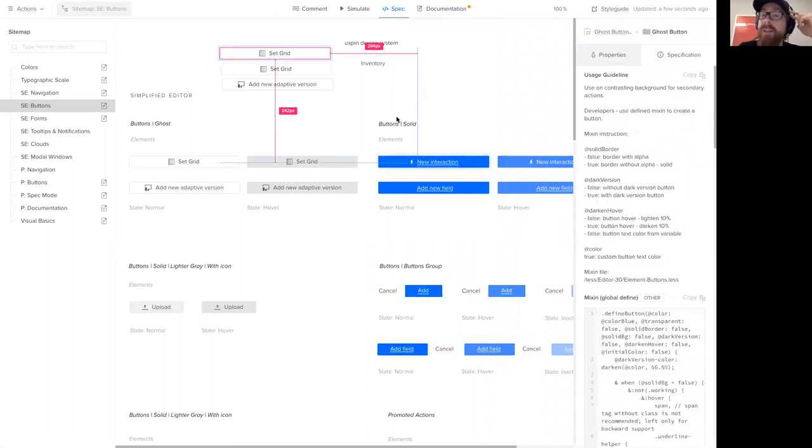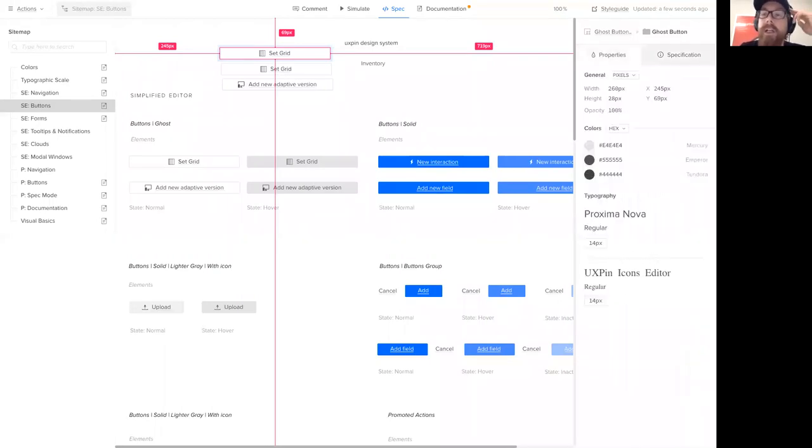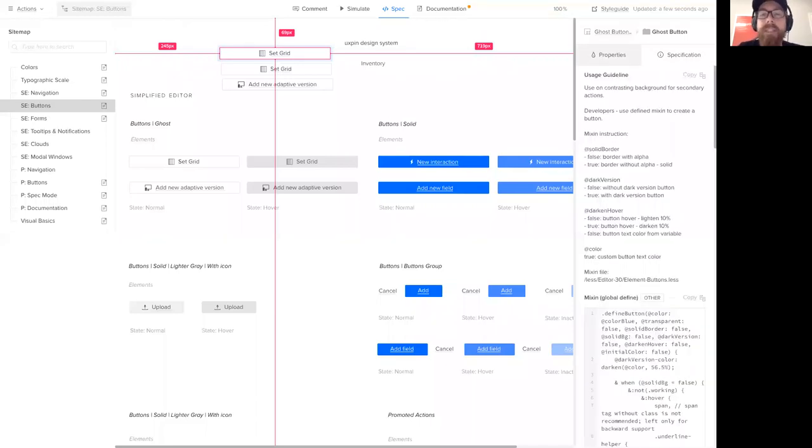So the documentation really happens automatically, right? And it's not as limited as just the definition of style properties, like what we have here. This is the actual documentation that developers need in order to use this pattern in code, right?